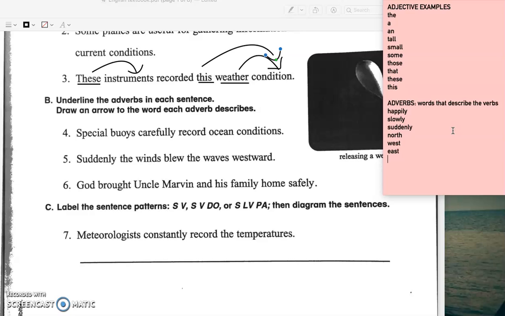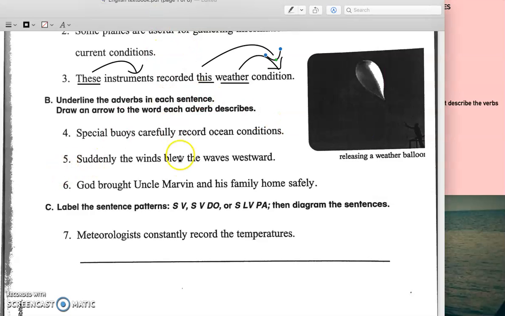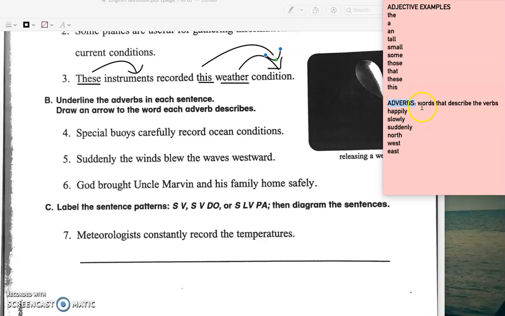Okay, so with that in mind, let's do number 5. Suddenly, the winds blew the waves westward. Here's a little shortcut tip for you. Since we're looking for adverbs, you should first find the verb and then try to figure out what words describe the verb. For example, in this sentence, the verb is blew, like when the wind is blowing, right?